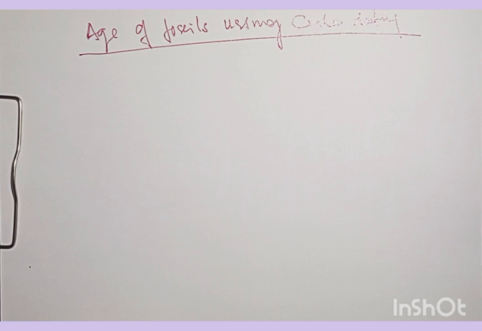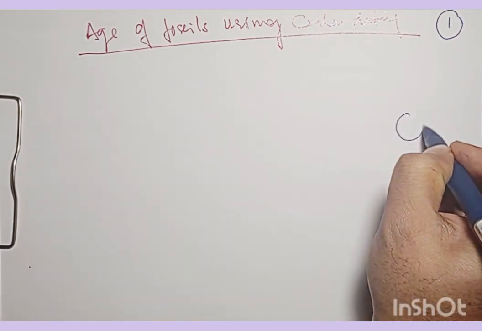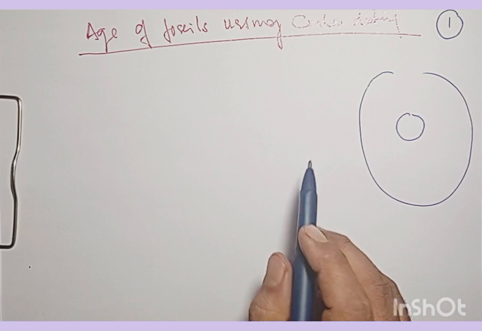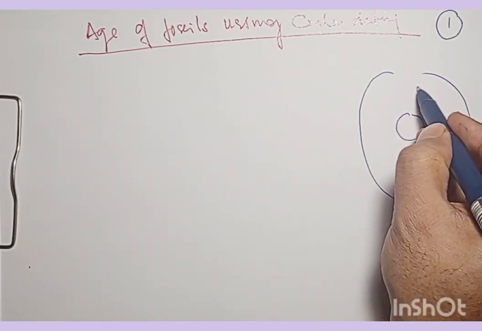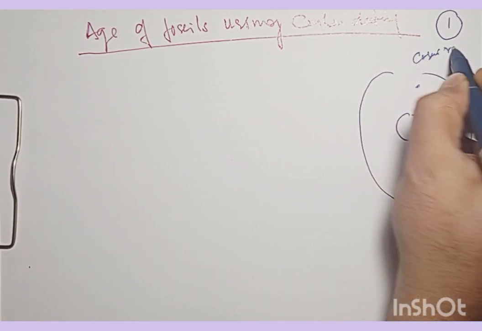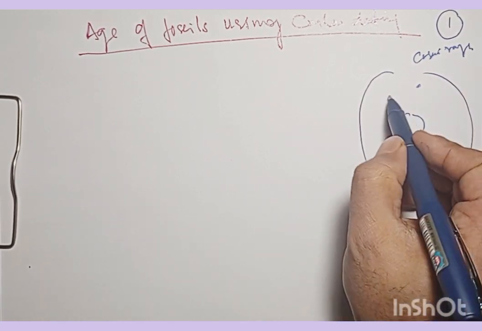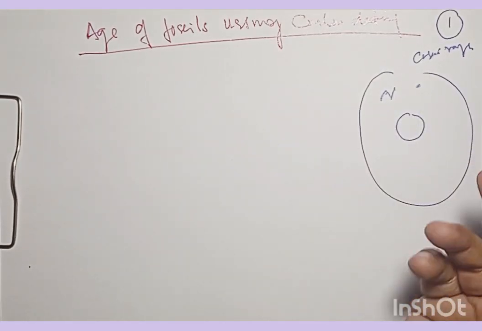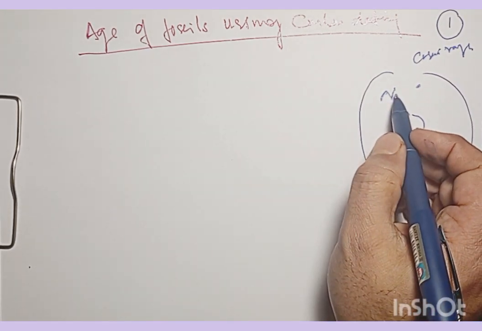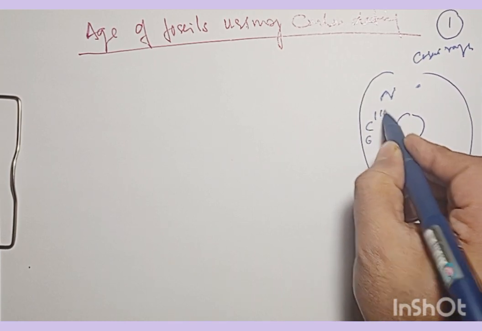In this case, we have the Earth and the Earth's atmosphere, and this atmosphere has high energy neutrons coming via cosmic rays, and they react with the nuclei of nitrogen atoms to form a radioisotope of carbon, C-14.